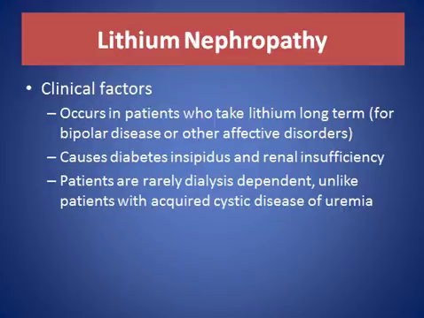Clinical factors: it occurs in patients who take lithium for a long time, and causes diabetes insipidus and renal insufficiency. Patients are rarely dialysis dependent, unlike those with acquired cystic disease of uremia.